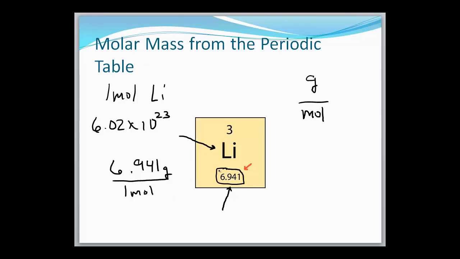So when you look at the periodic table, you look at the mass number, and then the units are grams per mole. So for example, if you're looking at carbon, its number on the periodic table is 12.01, and that's grams per mole. So as I'm sure you can tell, what we're going to do is use these units to help us with our calculations for the rest of this course.